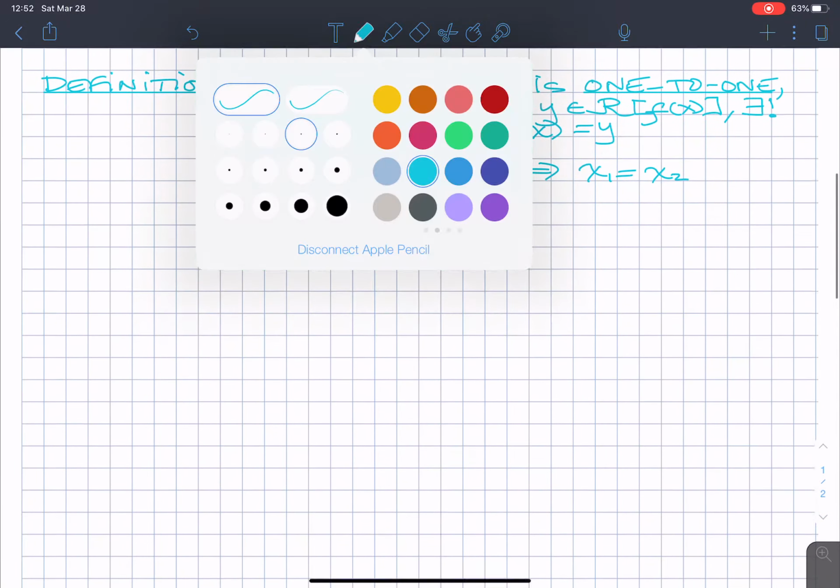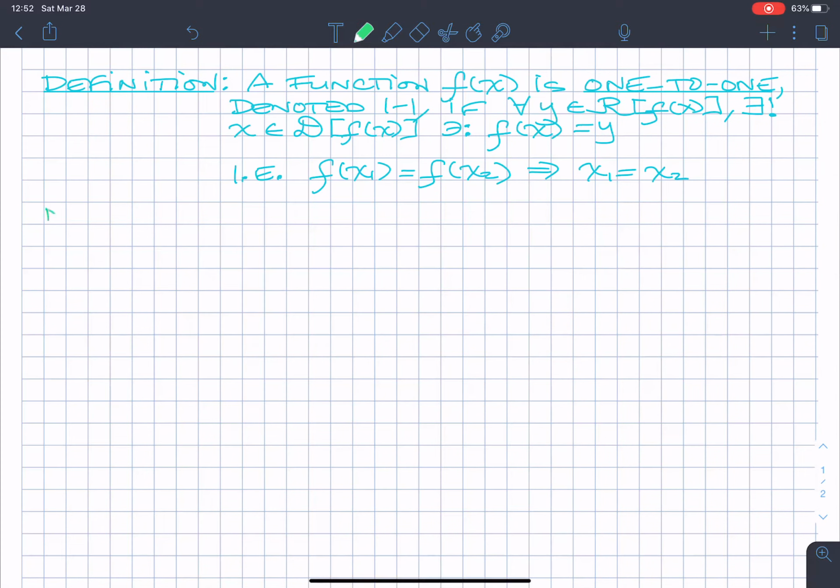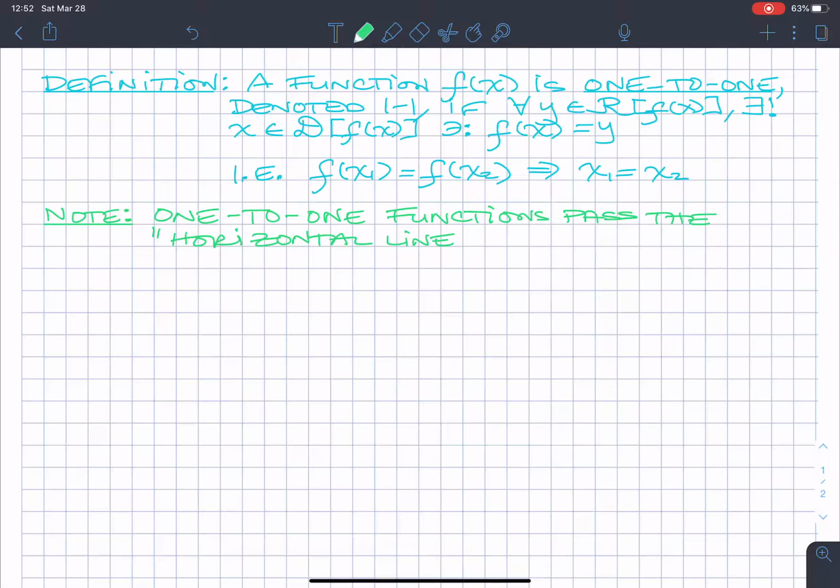So in other words, note, 1 to 1 functions pass the horizontal line test.